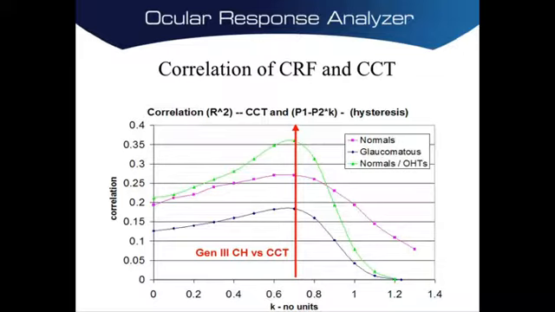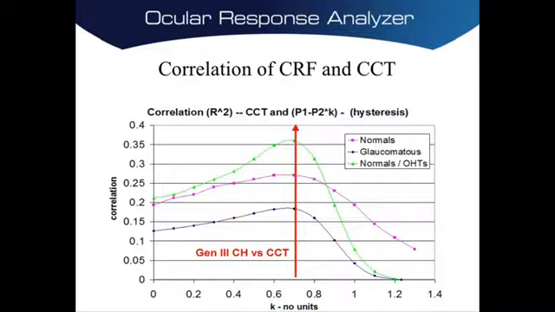Starting at the value of 1, if we increase the amount of P2 in that formula, P1 minus P2 times a constant of 1.1, 1.2, 1.3, you see that the relationship gets weaker.